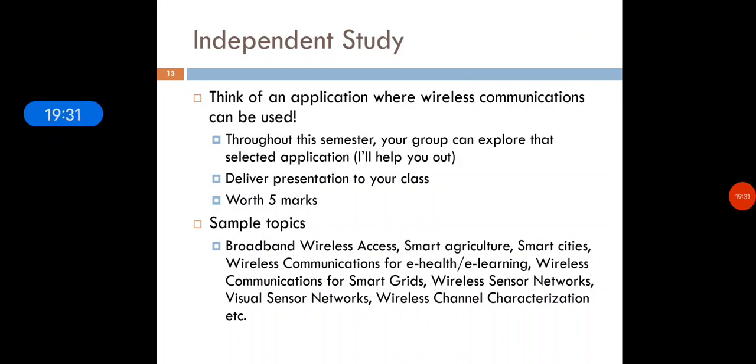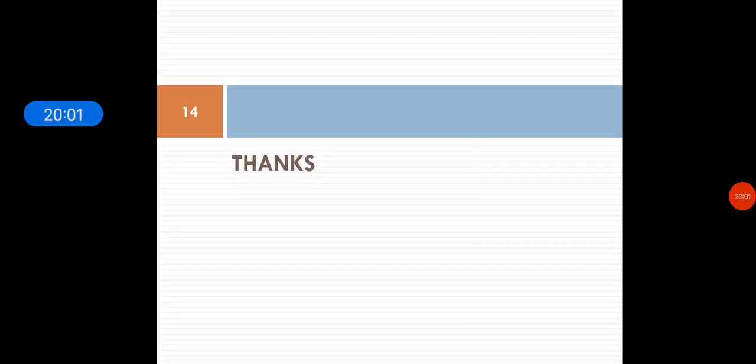These are the topics that you can go through: broadband wireless access, smart agriculture, smart cities, wireless communication for e-health and e-learning, wireless communication for smart grid, wireless sensor networks. You will have to give a presentation on any of these wireless system applications. So thank you.